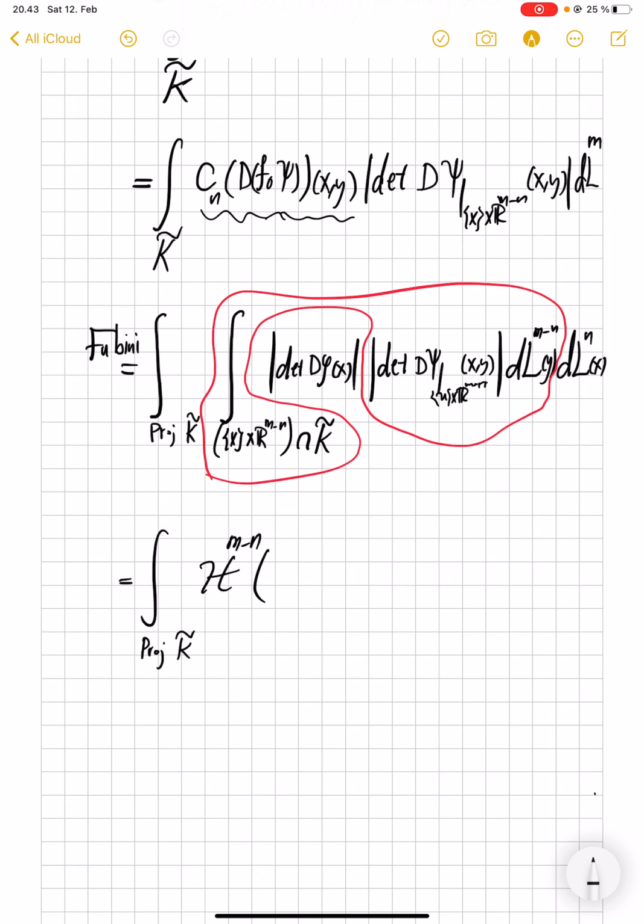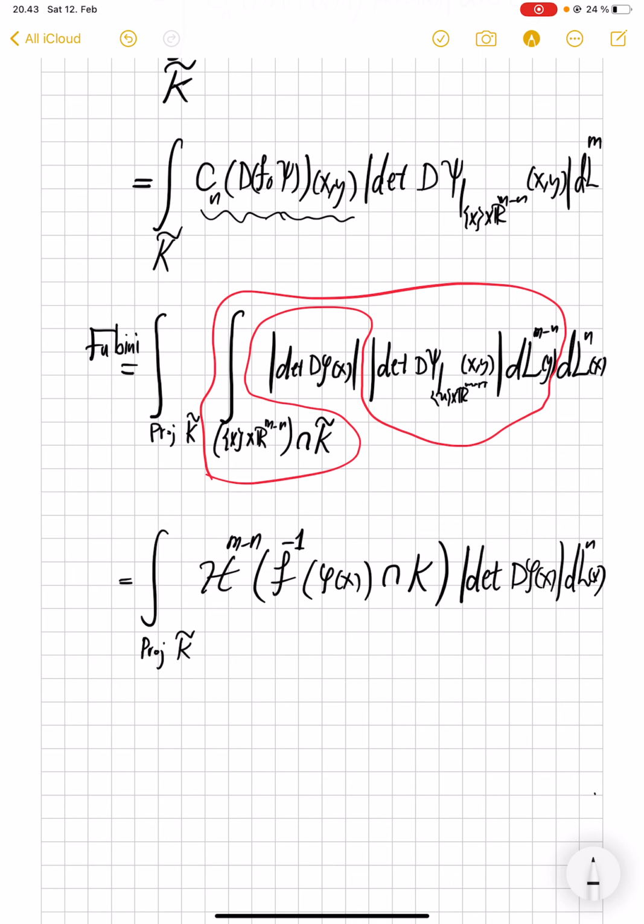But the image of psi of this vertical line is the original fiber of my original function, above what point? Above phi of x, which is just that z. And this is relative to k, right? Because the fiber we restricted to k tilde, so its image is restricted to k. And now this thing we put outside the integral because it only depended on x and not on y.